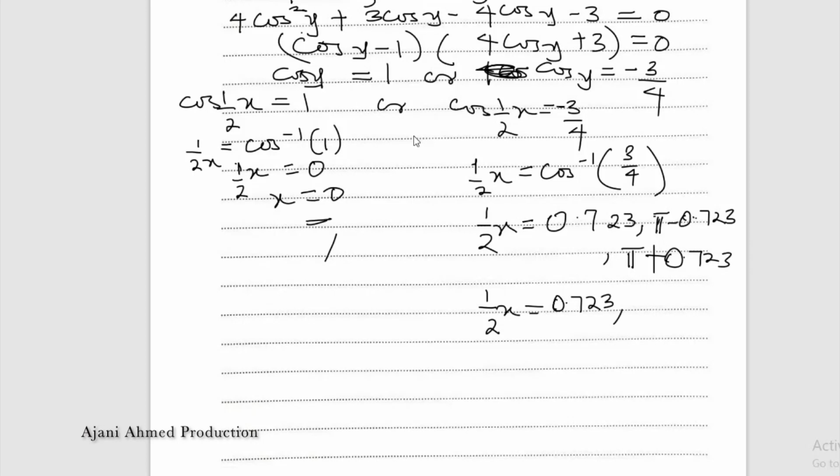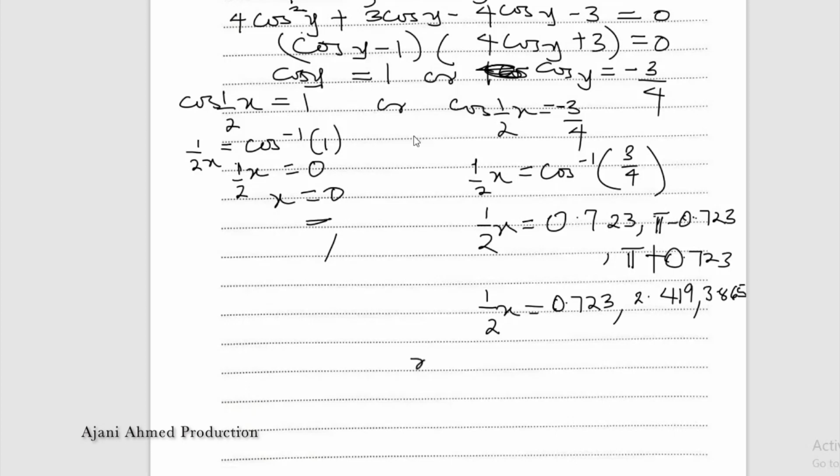So pi minus 0.723 gives 2.419. The other one, pi plus 0.723, gives 3.865.